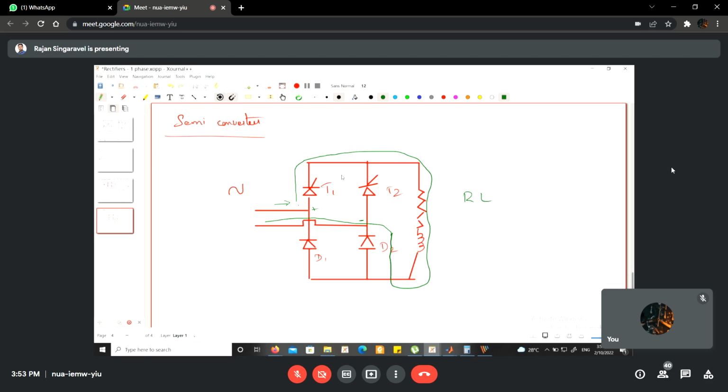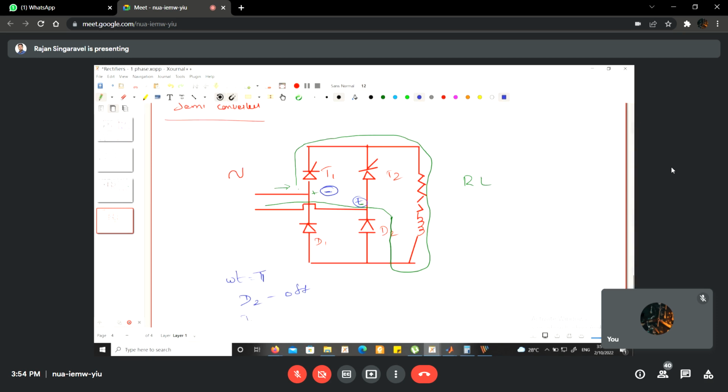Now what happens here is that the polarity of the supply voltage is changed, and now this becomes negative and this becomes positive. Since this diode is now subjected to the forward bias condition at omega t equal to pi, D2 is off, but similarly D1 will be in on condition.